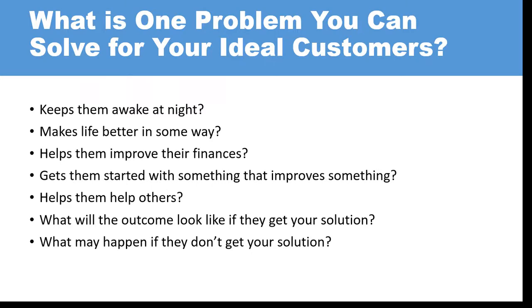What's going to happen when the cabinetry and my flooring and everything is completely soaked and I'm just sitting there letting the water run? What happens if I don't take action? So if they don't get your solution, what might happen?